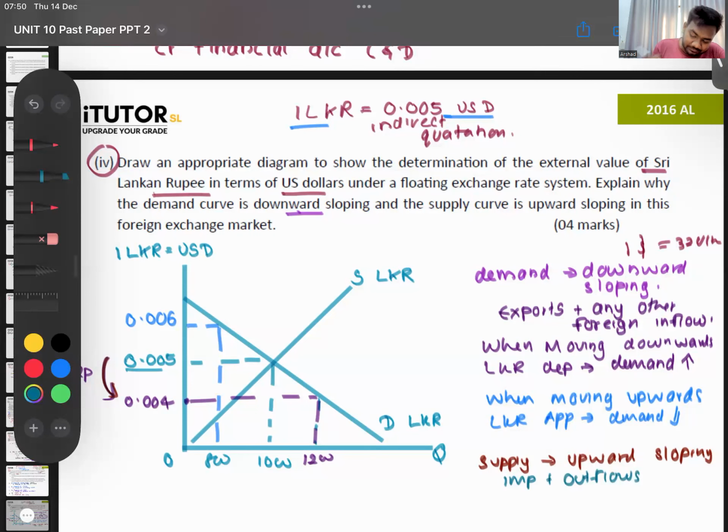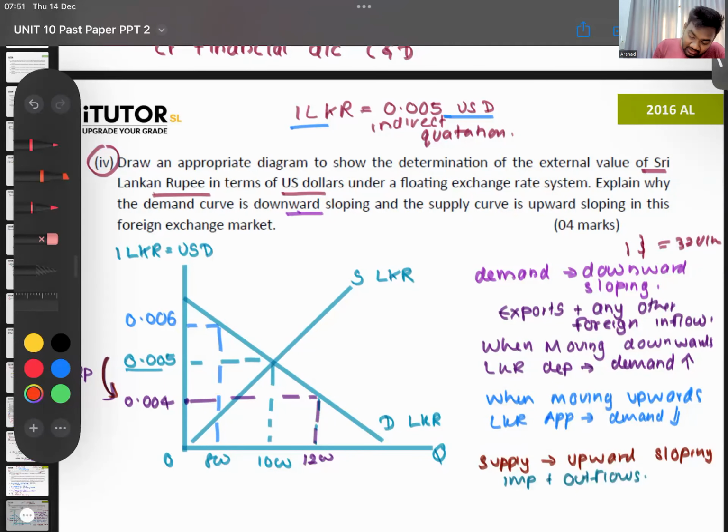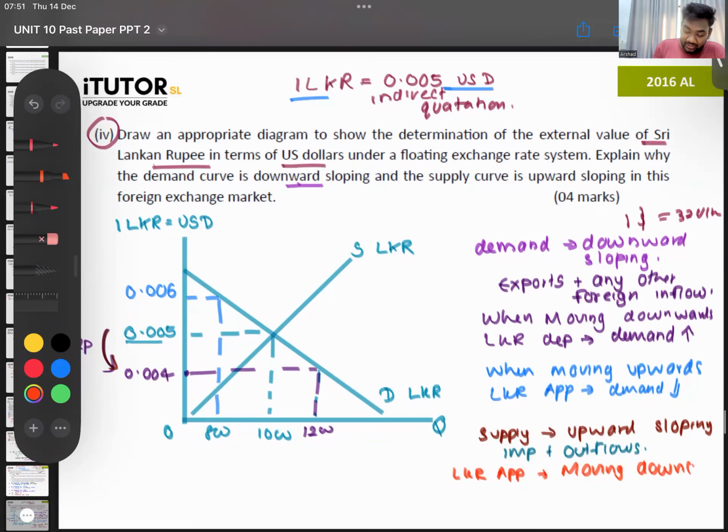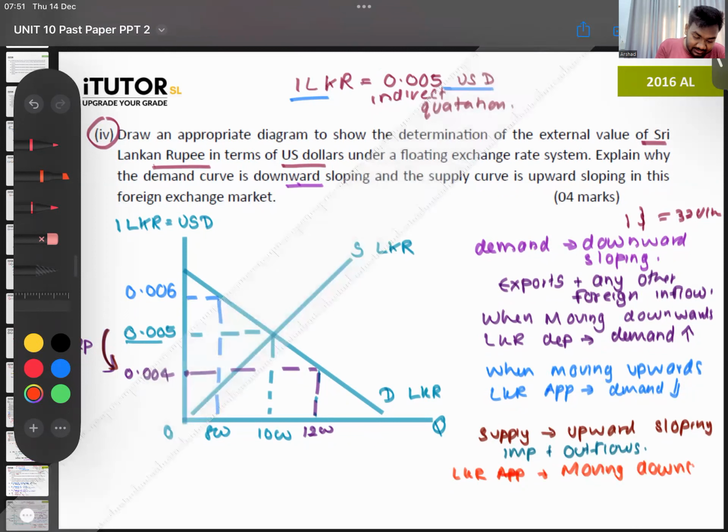So here, look at this. When the LKR depreciates, you're moving downwards. Depreciates only moving downwards.